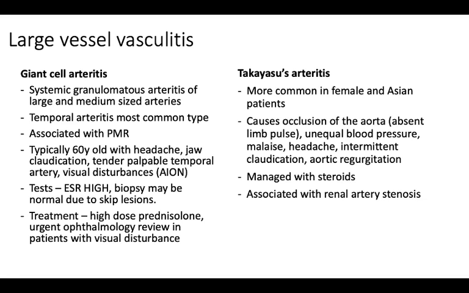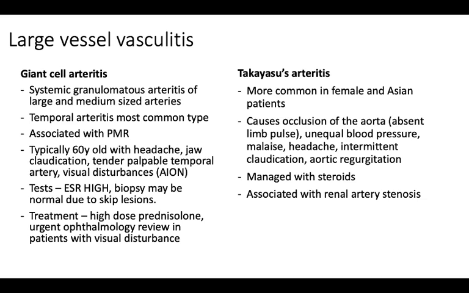So how might someone with temporal arteritis present? It's a rule of 60s, so it's typically a 60-year-old patient who presents with a headache, jaw claudication, and tender palpable temporal arteries. So this is the classic scenario in which they might present with these symptoms.